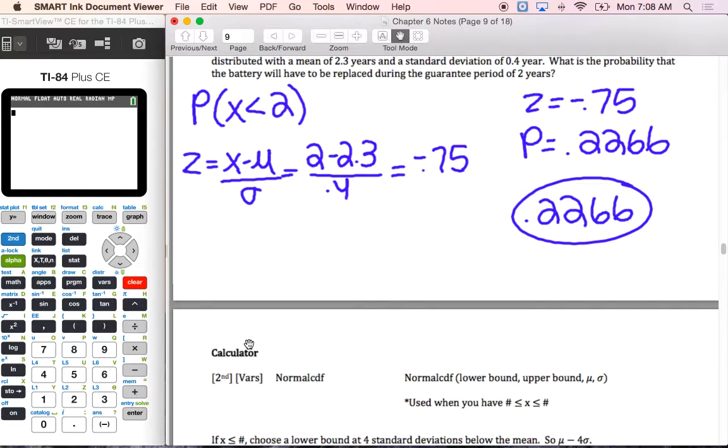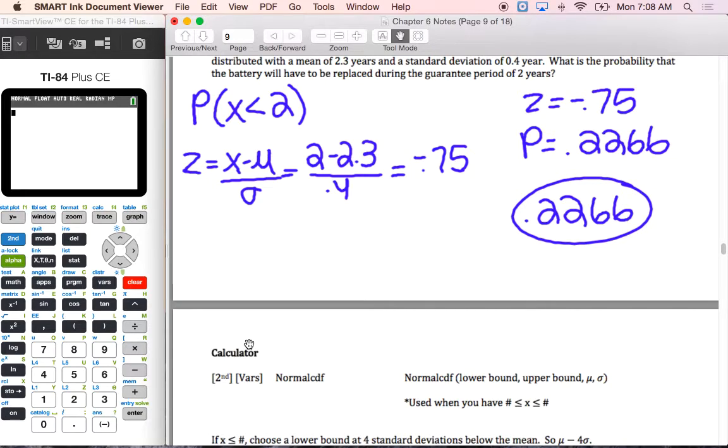Now, for me, if you don't show me any work, I can't give you partial credit. So at least tell me what you're typing into your calculator, or again, you're not going to get any partial credit. Whereas if you show me how you get your z and the probability that goes with your z, I give you partial credit along the way in case you get a number wrong. So again, make sure you're showing what you're doing.